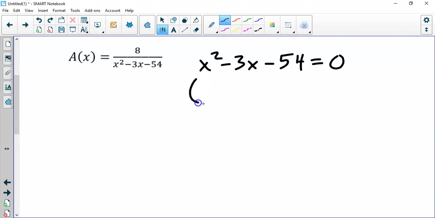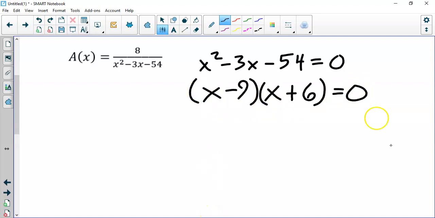Good. A negative 9, positive 6. Because when you multiply those, you get the negative 54. When you add those, you get the negative 3. And there should just be an x in front of all that. Good. So now that it's factored, what do we do now?